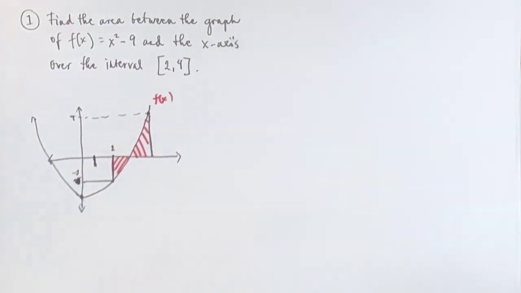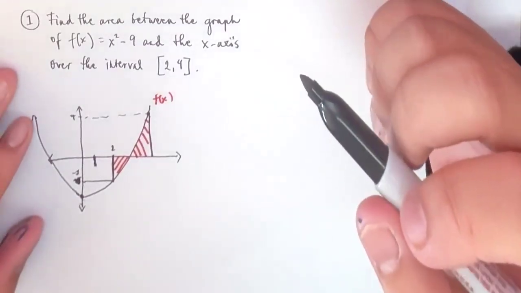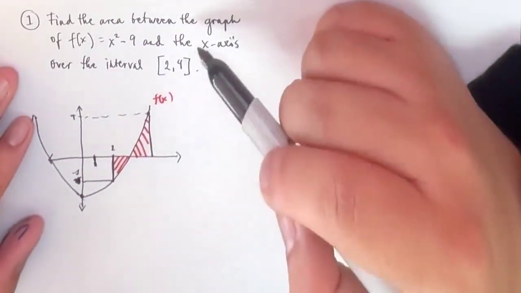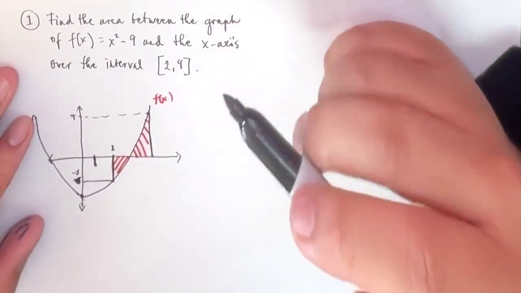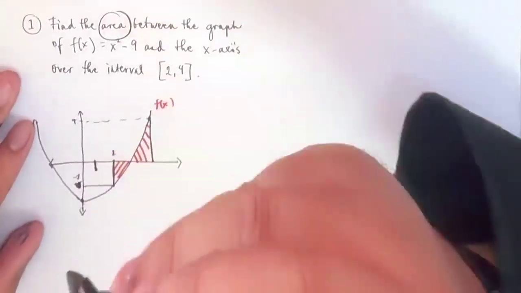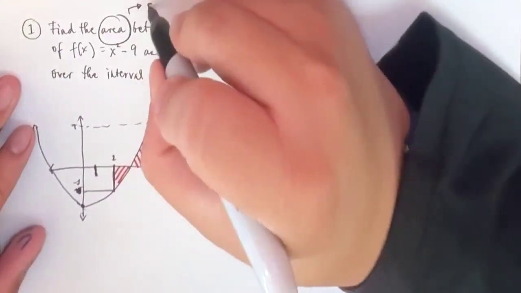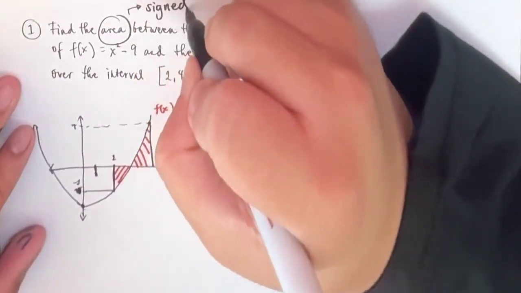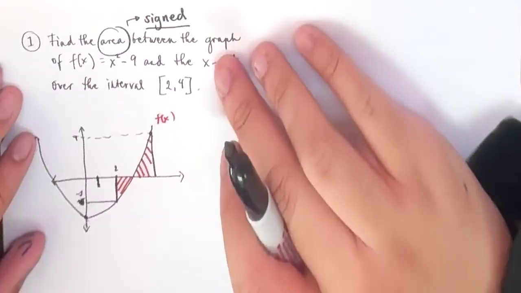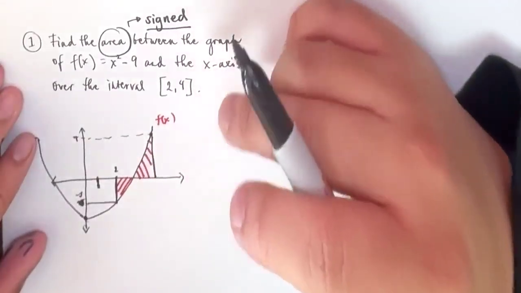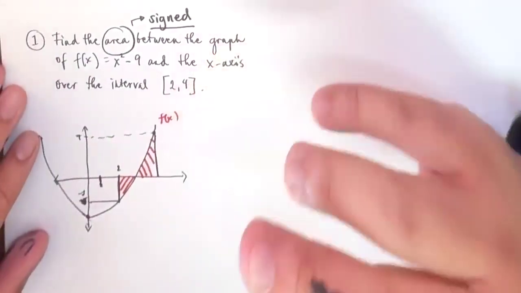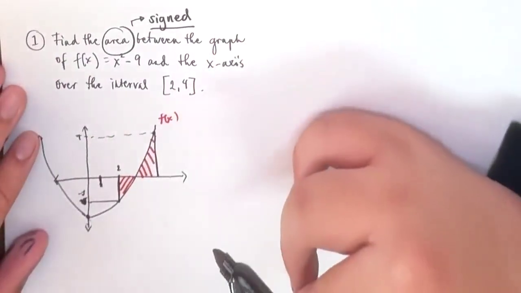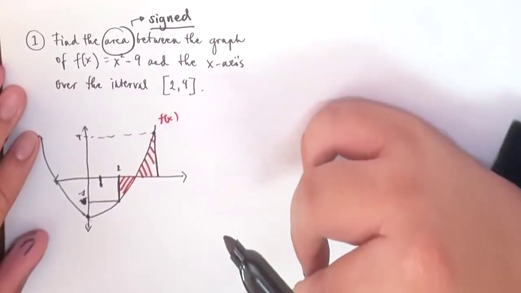Now, notice that one caveat here is that this is just the integral. This area right here is signed area, meaning it matters where the area is. If the area is above the x-axis, then it's positive, and if it's below the x-axis, that's negative.